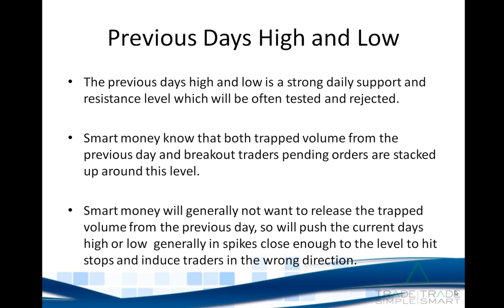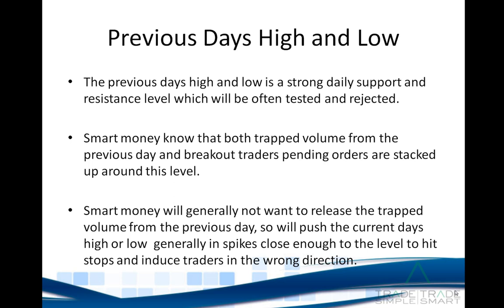So during the New York reversal, which will typically be the high or the low of the day, we have traders that have bought in just before the reversal back into the range, and these traders are trapped. And because they're trapped, this allows smart money to re-enter the accumulation phase, and then they can stop these traders out of the market.